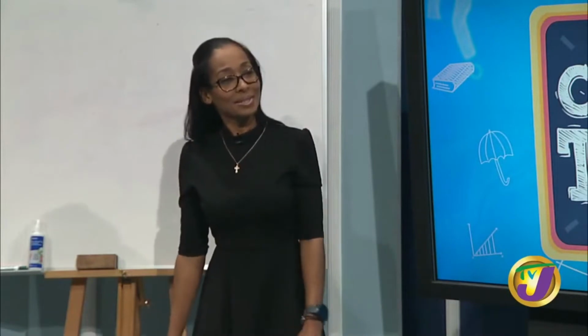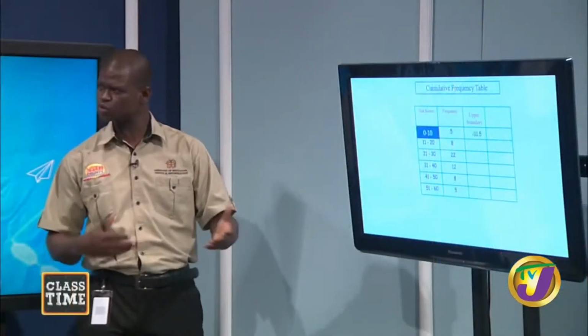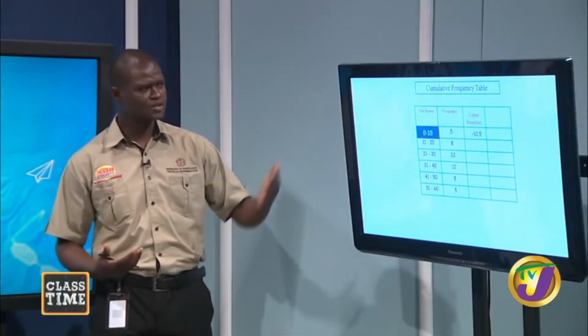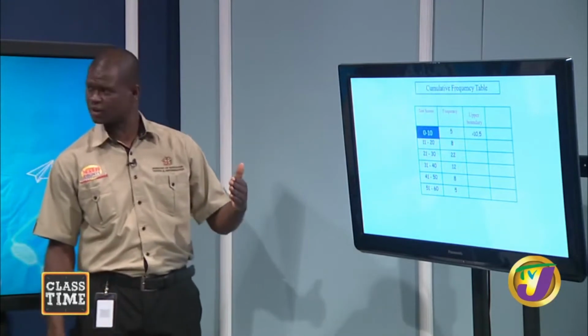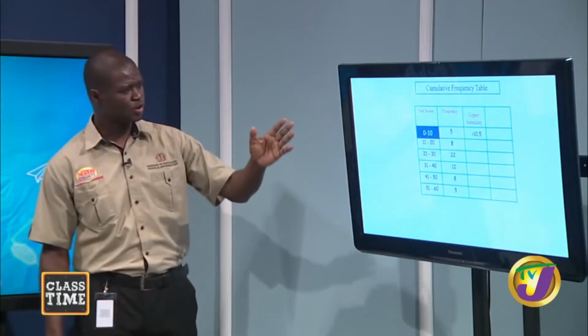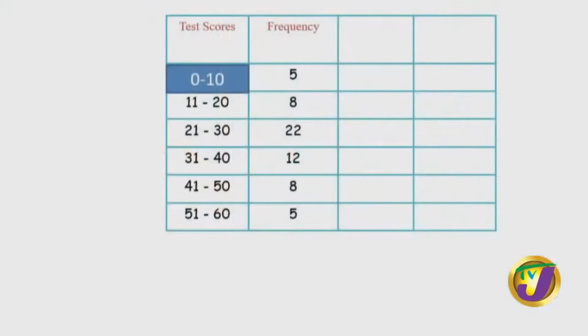So we have to account for those students, and this is where the upper boundary comes in handy. For the 1st class, your upper boundary would be less than 10.5. So all the students who get a score of less than 10.5 would be accounted for there.